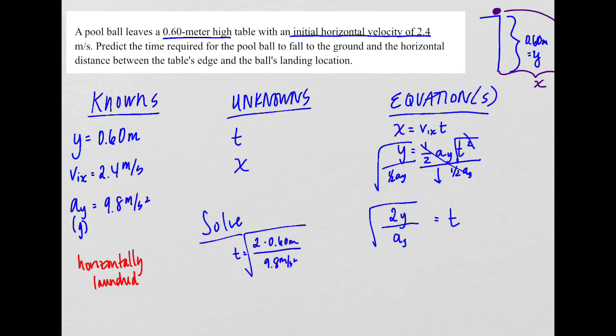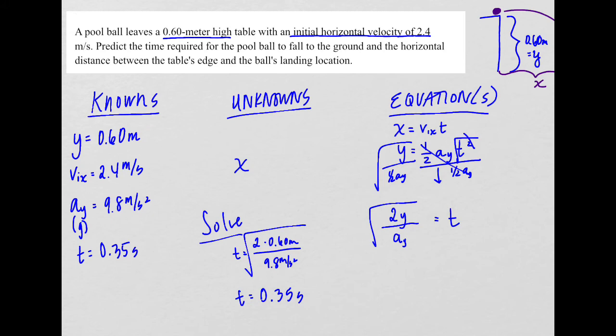Take the square root of that, and time is equal to, how many significant figures? We have 2 significant figures. 0.35 seconds. So now we know t. Erase all this. We can put it over here. 0.35 seconds. Get rid of our unknown t there.